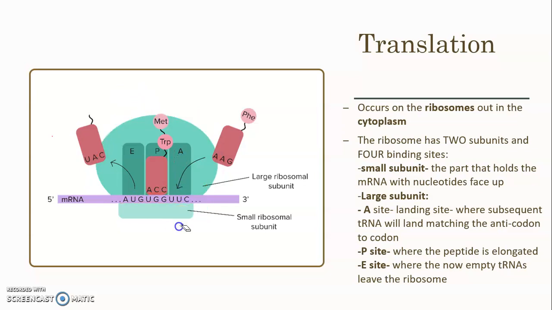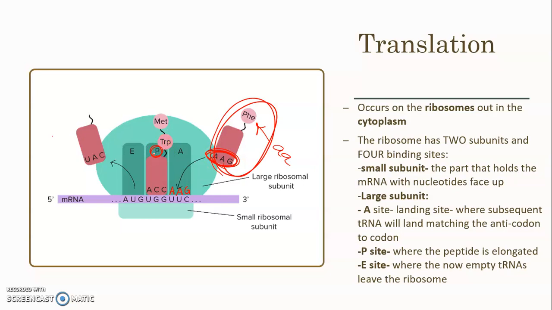If this is my tRNA, here's my amino acid. And then this part right here is the anticodon, which is AAG, which is going to be the complement to UUC right here on the mRNA. And so that tRNA is going to enter into the A site, where the mRNA codon will match up with the tRNA anticodon.